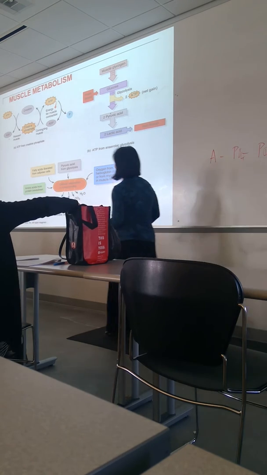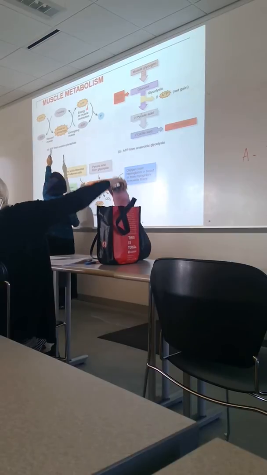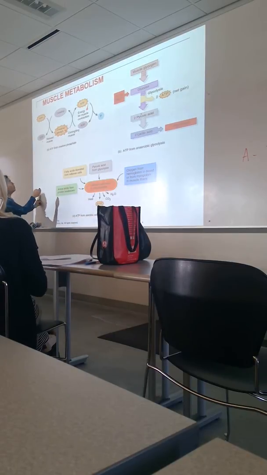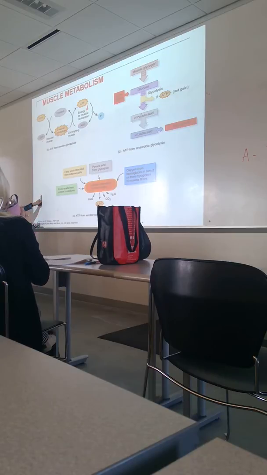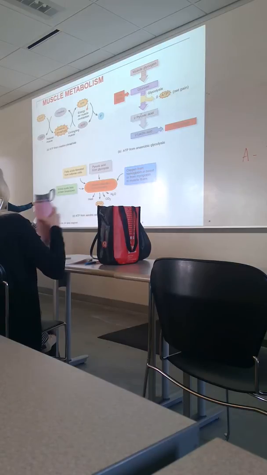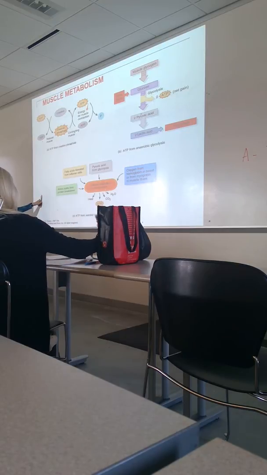So what will happen is the phosphate from creatine right there will just be transferred to ADP. So you replenish your ATP. Did you see that? Okay. Did you get that, everybody? You just take away this phosphate, right, and transfer it to the ADP. Now you reform your ATP.